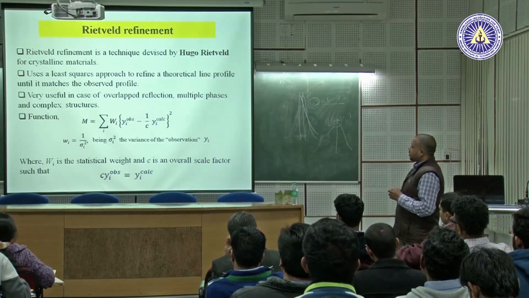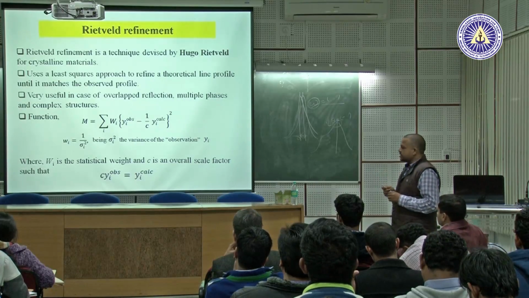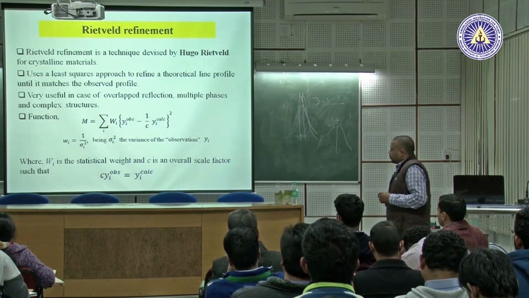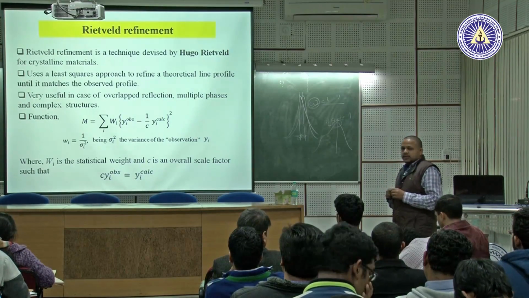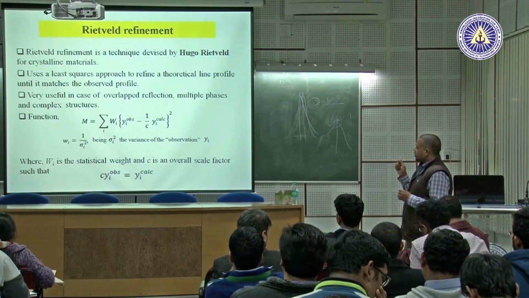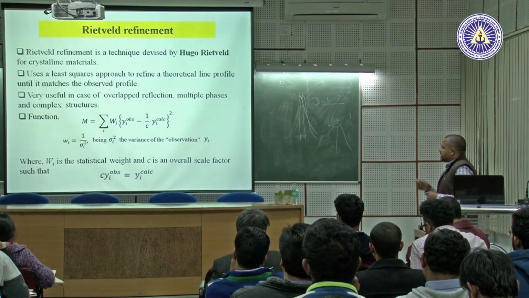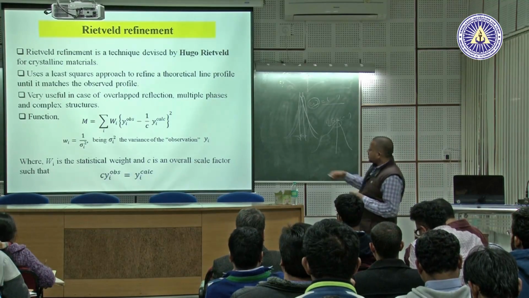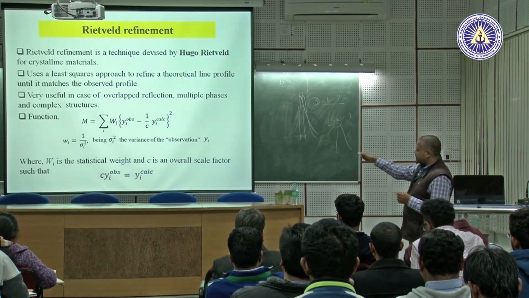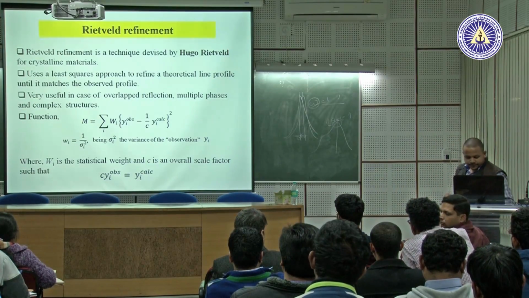Yi observed is the observed intensity, and yi calculated is the calculated or modulated intensity. Wi is the statistical weight factor, which is inversely proportional to yi observed. If yi observed equals yi calculated, it means a totally perfect fit.